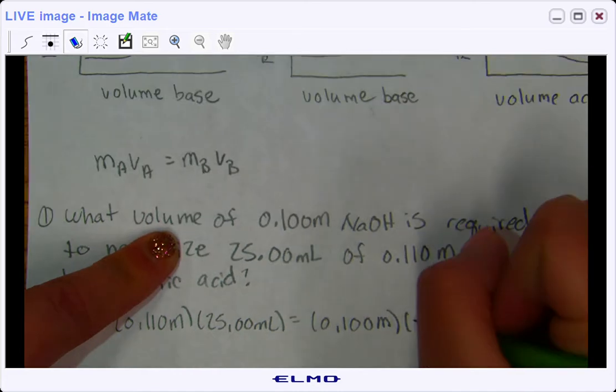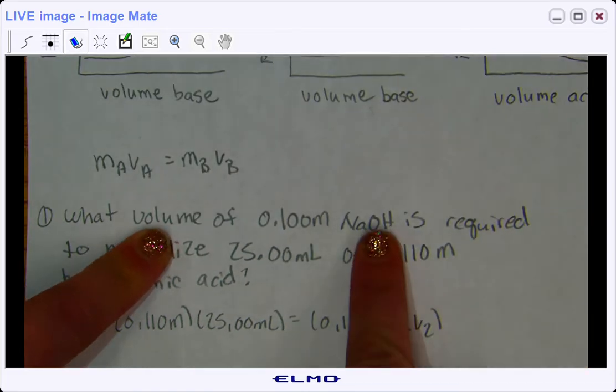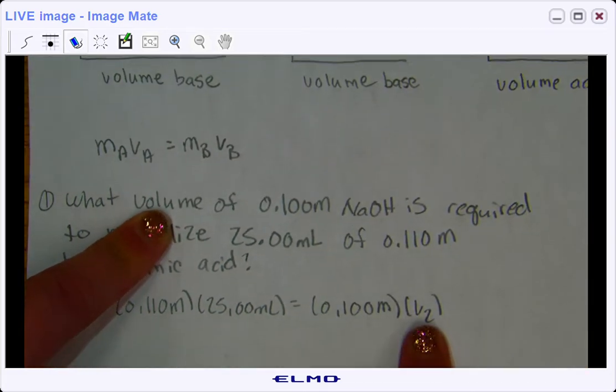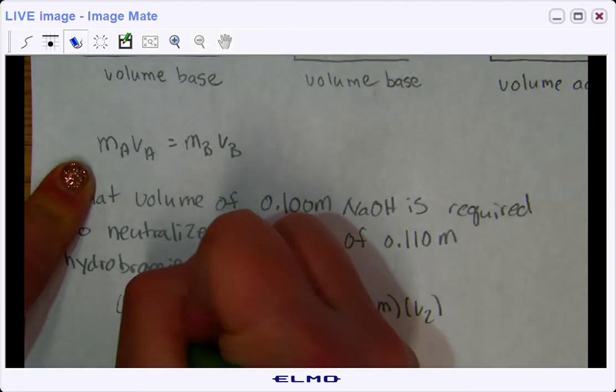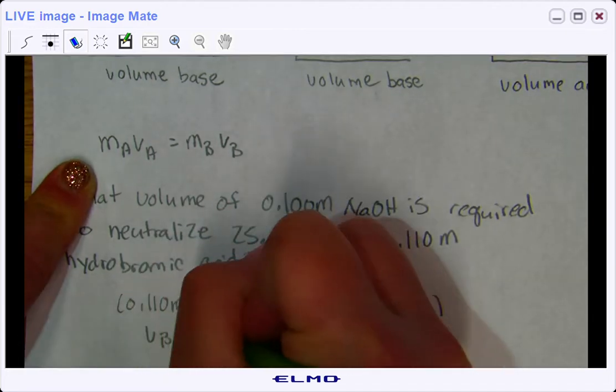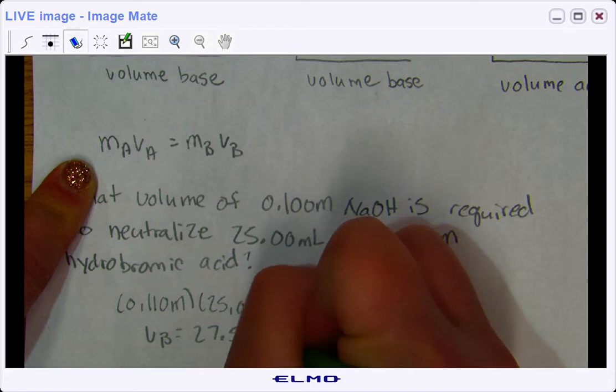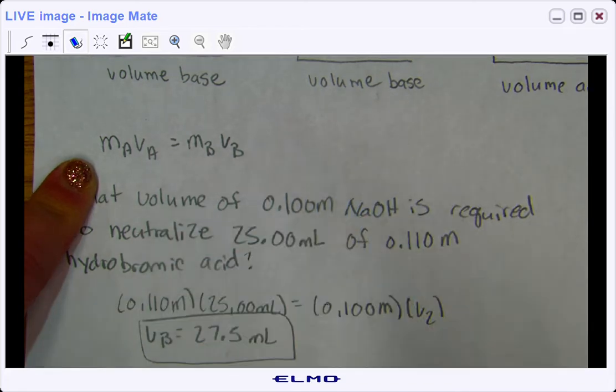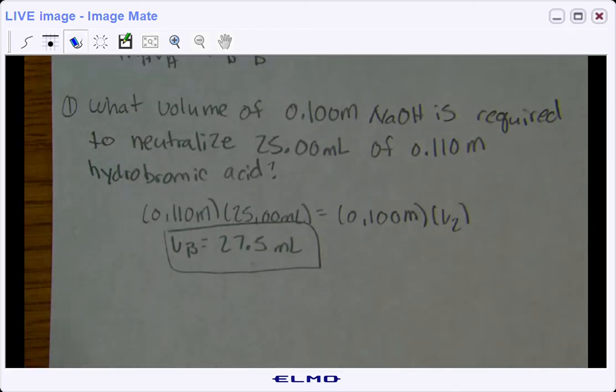And we want to know the volume. So how much sodium hydroxide do I have to add? So when we plug this into our calculator, and we're going to stick with the rule of 3, we end up with 27.5 milliliters.